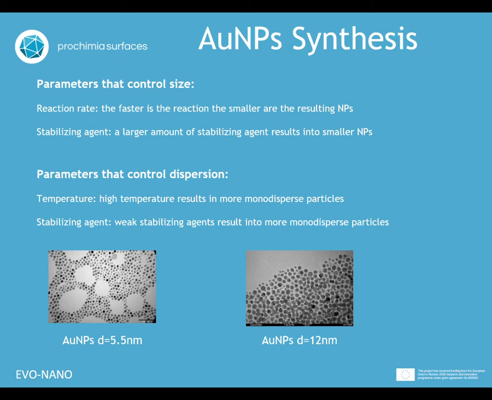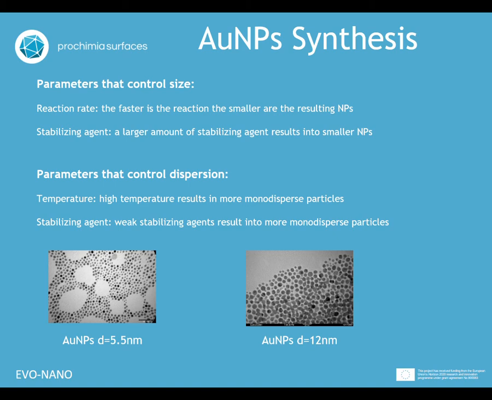Gold nanoparticles are so convenient and versatile because we can control their size. The size can be controlled by the rate of the reaction. If the reaction is faster, then smaller gold nanoparticles are formed. The amount of the stabilizing agent is also important.